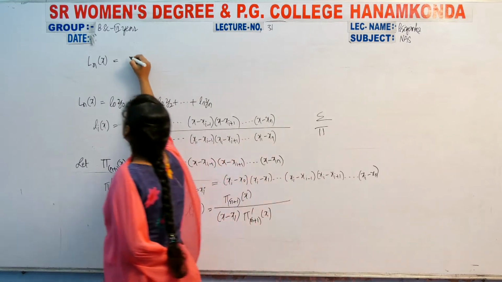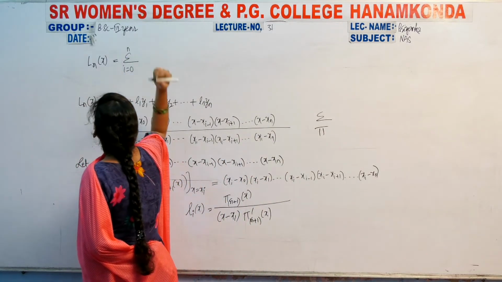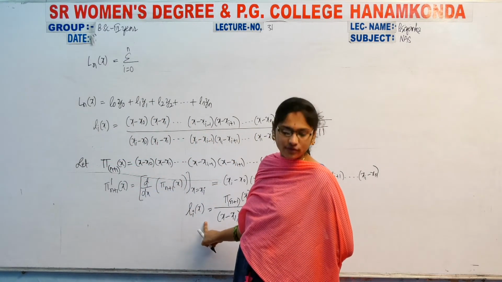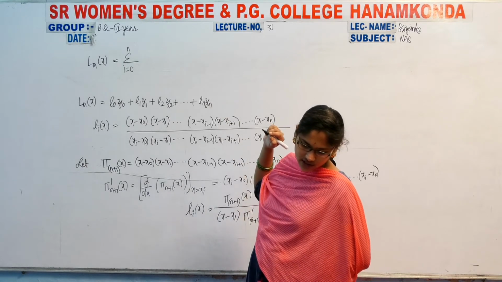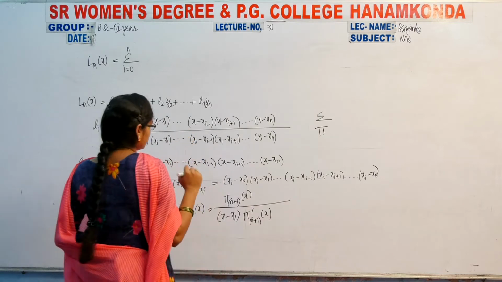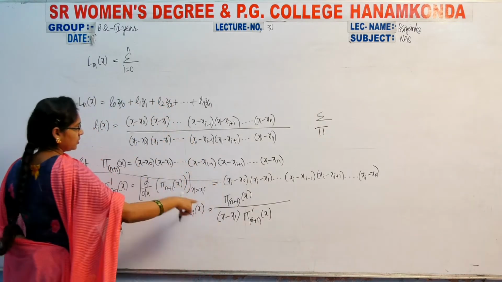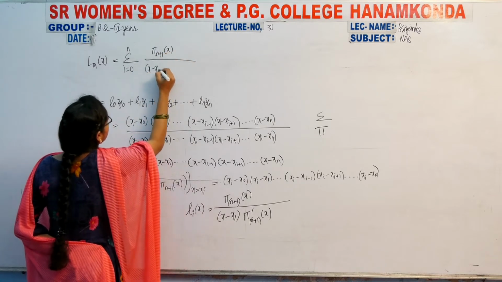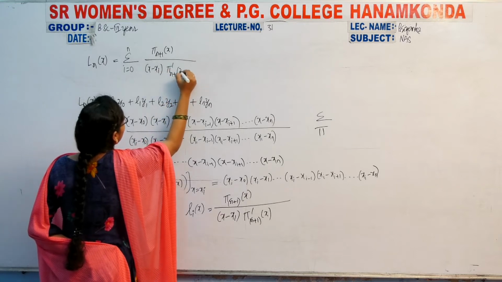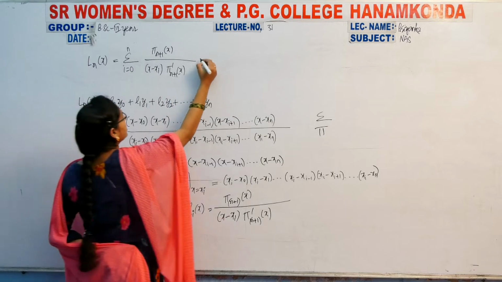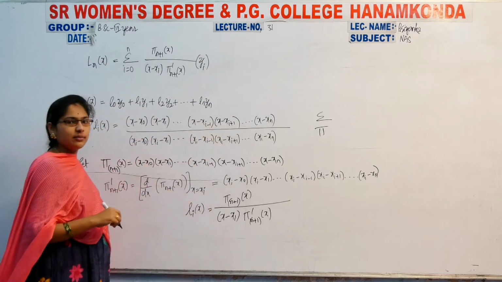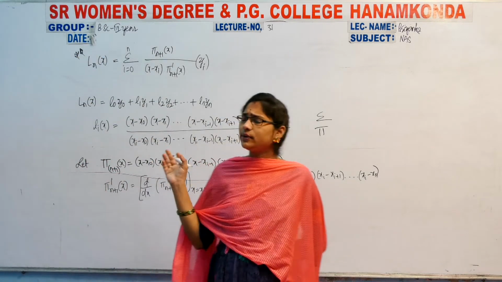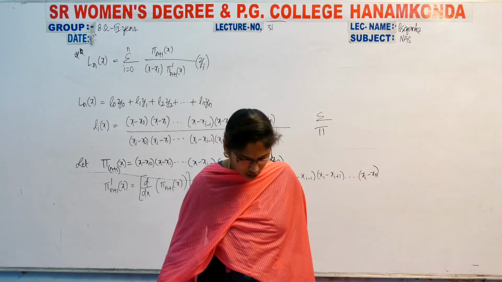So I have to take summation i is equal to 0 to n, summation meaning additions, of Li of x, which is directly pi n plus 1 of x by x minus xi into pi dash n plus 1 of x, into yi, that is y0, y1 and so on. This is the formula. You have to remember this formula. This is the Lagrange's formula. Otherwise, you can remember the equation I gave at the start of today's class also, there is no problem.